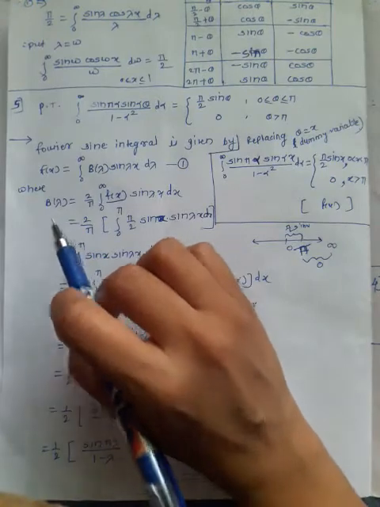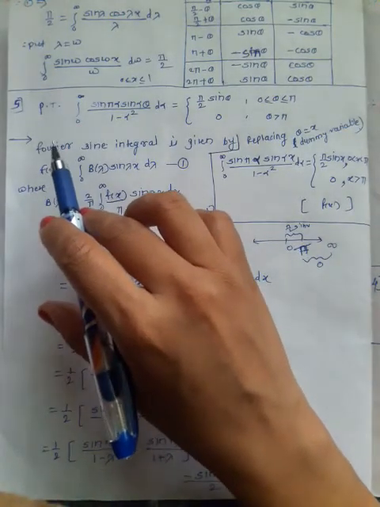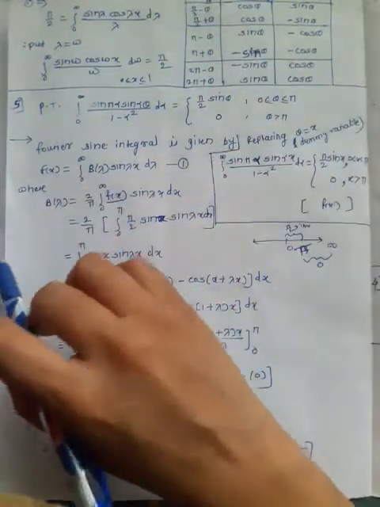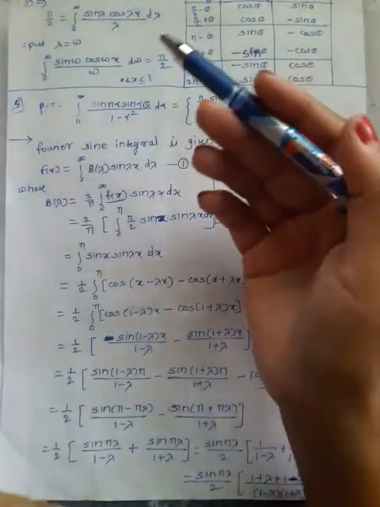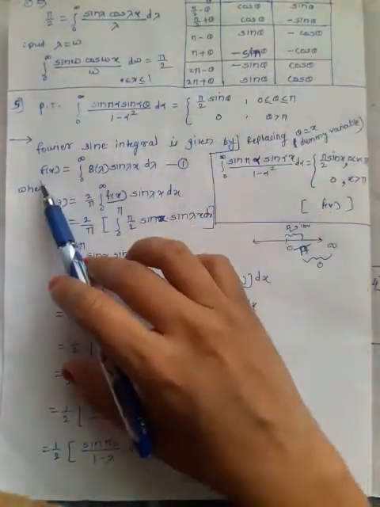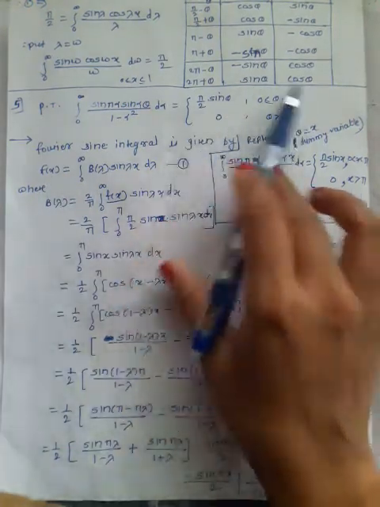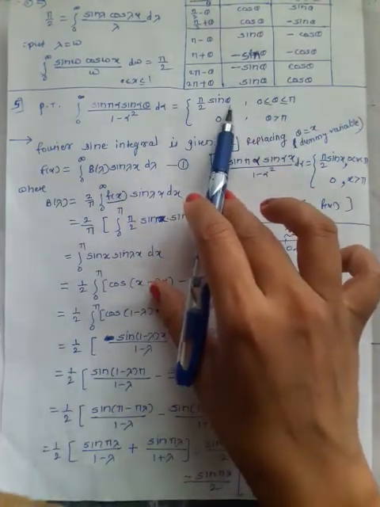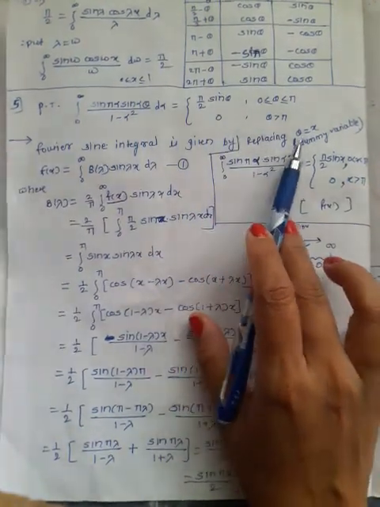That is the only way you can identify which formula to use. Now, for our convenience, in our formulas x is there, lambda is there. That's why in the function f(x), this is our function, and it is given in the form of theta, so for our convenience we can replace theta is equal to x.